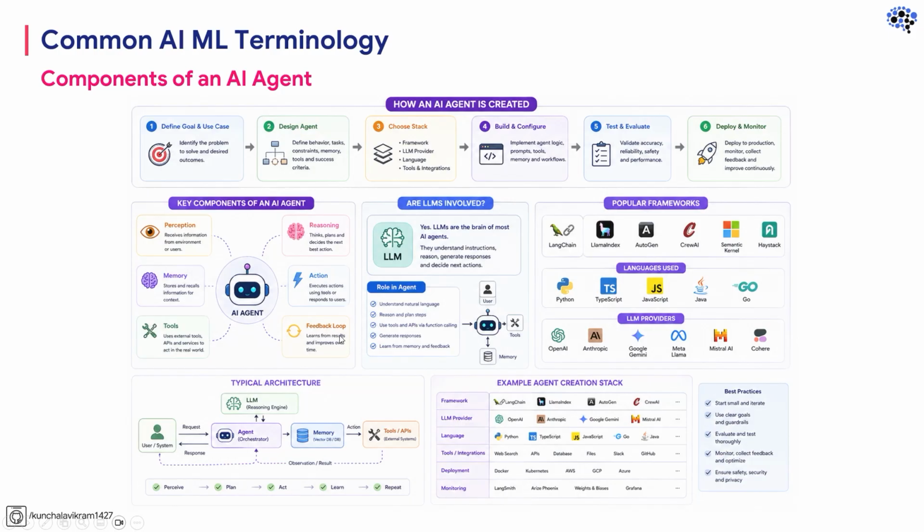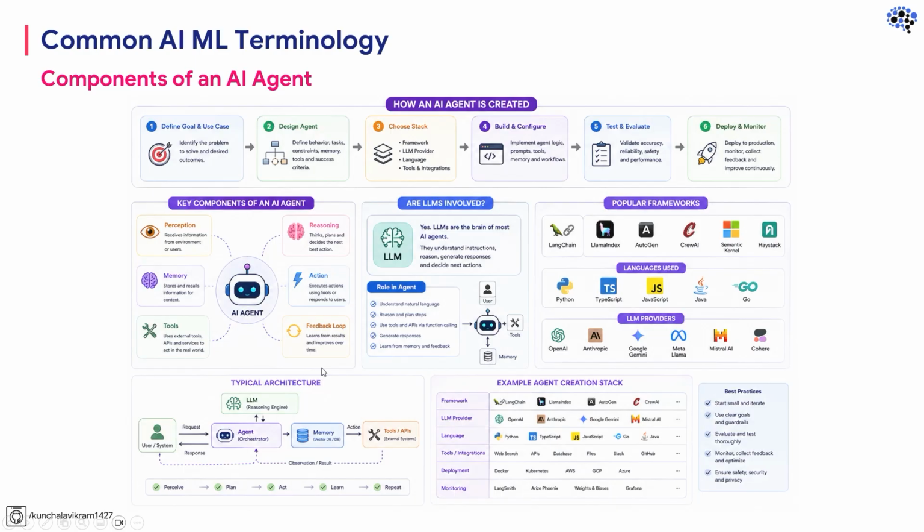In case it has done something which is not relevant for the query, and the user says that this is not the expected result, it also has to have that feedback loop to improve its responses over time, right? And you need to define all these key components of an AI agent, and then you decide the framework, like which framework to use, and then you need to build and test that AI agent, deploy it, and continuously monitor, right?